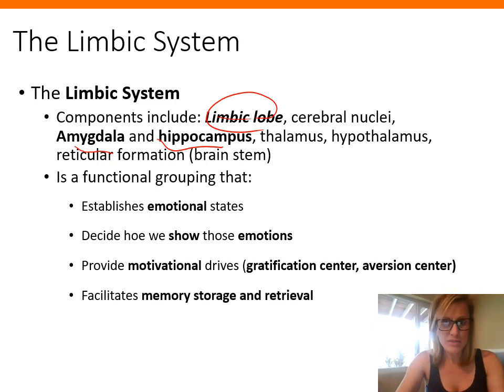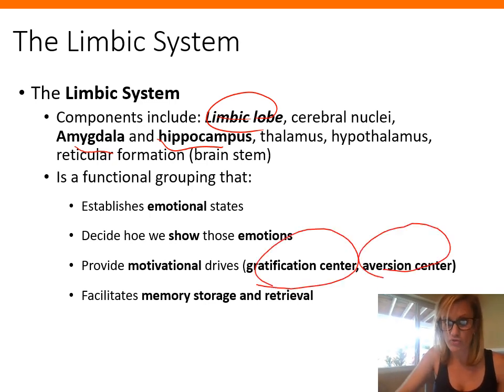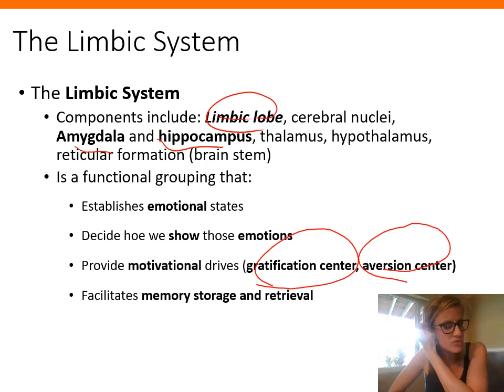The limbic system is also responsible for providing motivational drives. For example, in the limbic system, we have a gratification center and an aversion center. And this is related to what I just said before. If the response is something you like, if it feels good, you're likely to repeat that behavior.